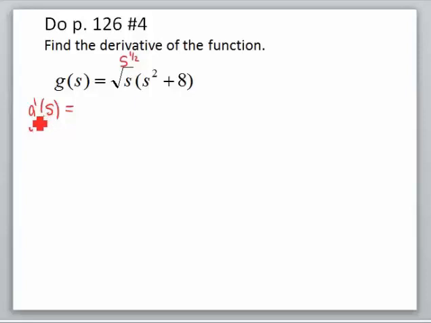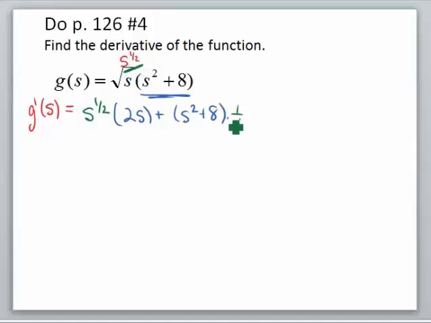So g prime of s would be the first part. I'm going to go ahead and change colors. I'll do first and second. So I'll say it's the first function times the derivative of the second function, which would be 2s, plus the second function times the derivative of the first function, which would be 1/2 s, lower that one by 1, negative 1/2.